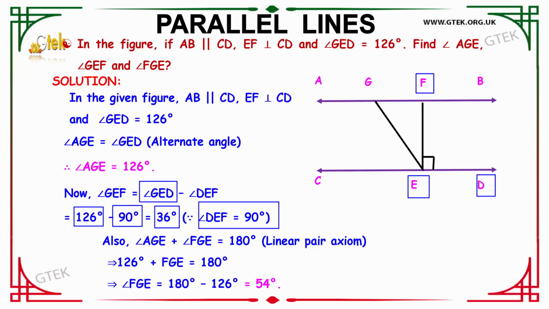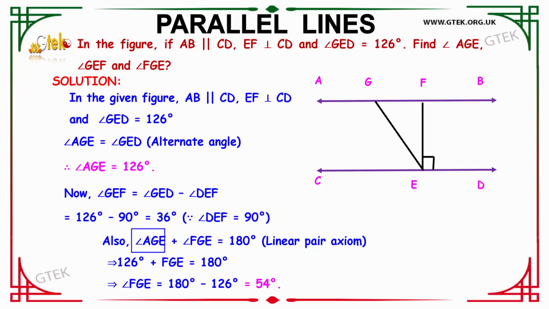Also, if you look at this one, angle AGE plus angle FGE will be equal to 180 degrees as per the linear pair axiom concept.